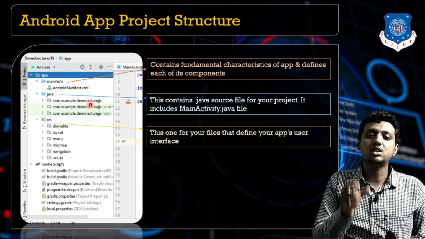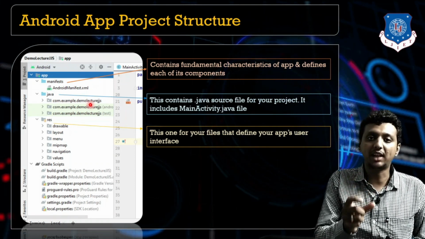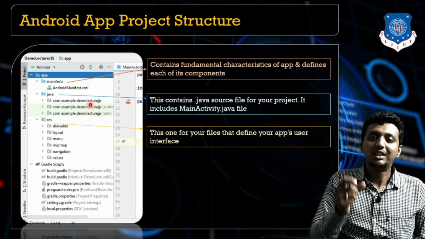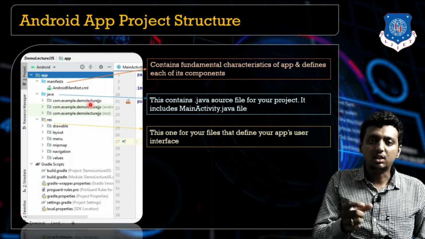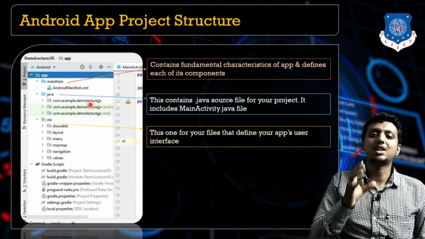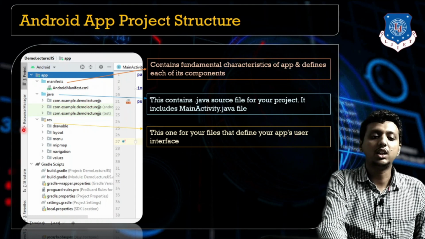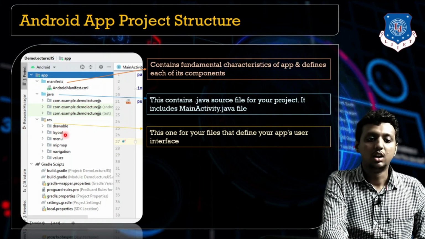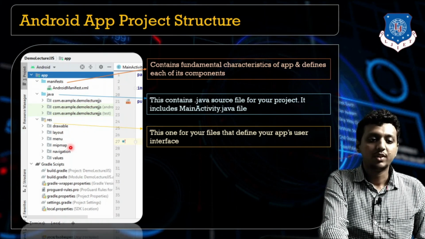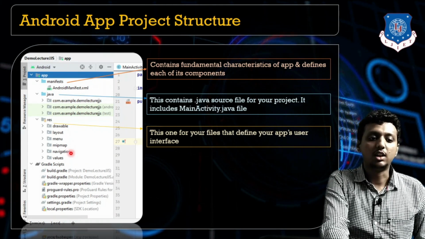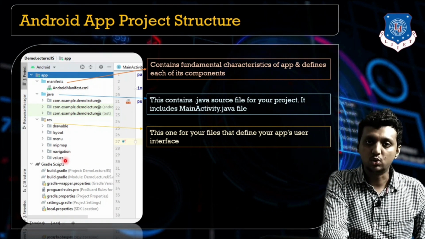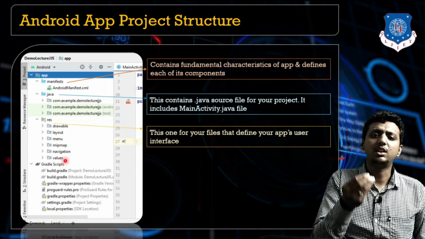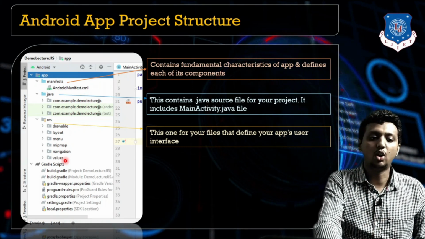That means whatever you need to develop your application, like the image, text, string, icons, everything is there in the resources. The resource folder contains folders like drawable, layout, menu, mipmap, navigation, and values. Values contains string values, application values, and all.